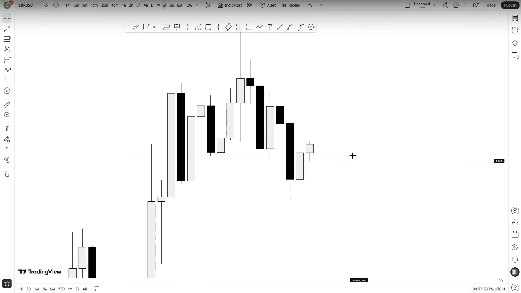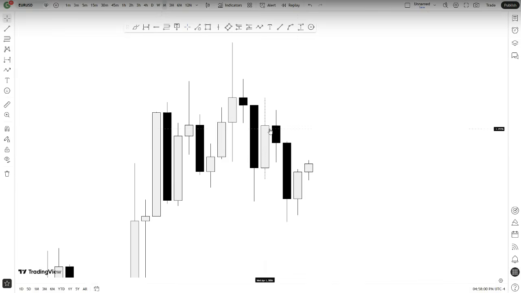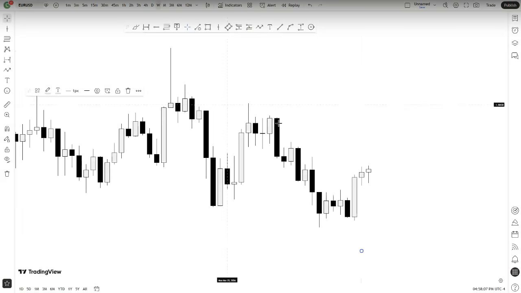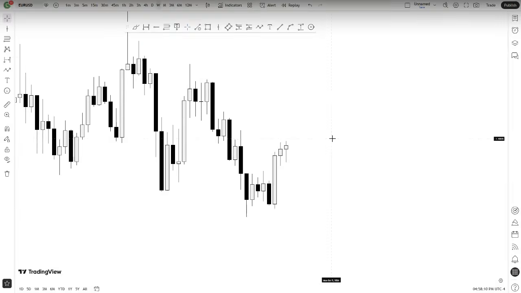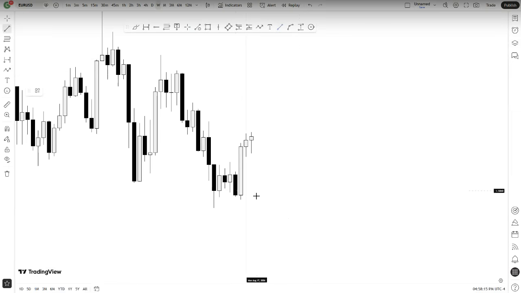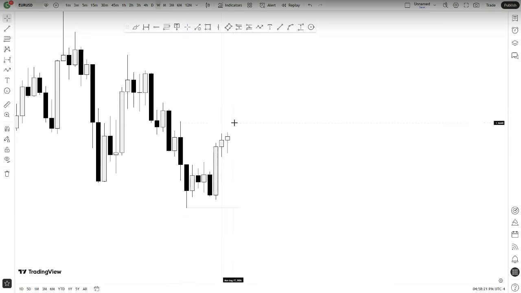Currently, we are looking at Euro USD monthly charts. So first of all, we'll mark out the monthly open, go to the weekly time frame. As you can see, I want to see this low being taken because we are currently above the quarterly open, right?